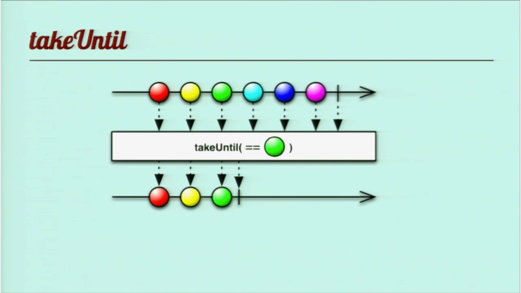So, for instance, take, there is also take until, which takes a predicate as a parameter, and you say, okay, I'm interested in all the values until this condition is met, and then emit that last item, the green one, and complete.